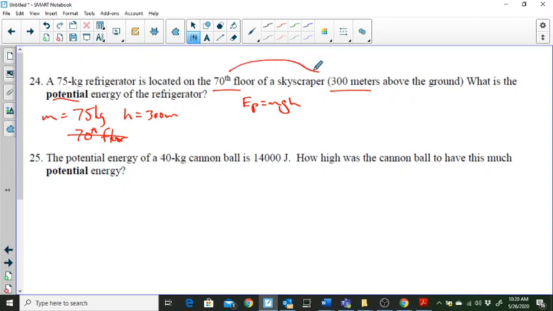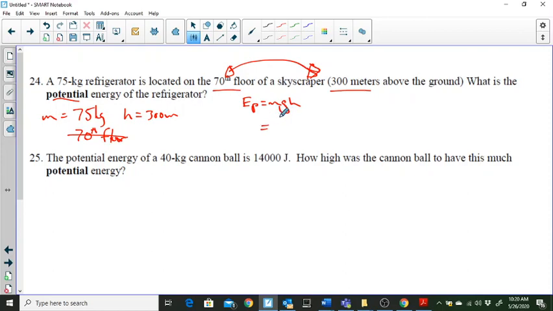There is a relationship between these. In fact, we could take this, divide it by 70 to find out how tall each floor is approximately. But this 70 isn't necessarily used. So recognize that not always will every number from a question be used. You have to still think.